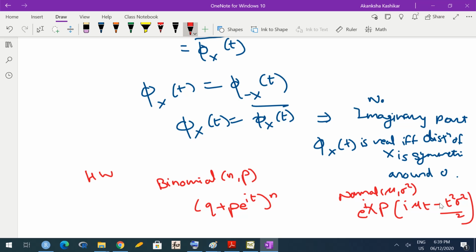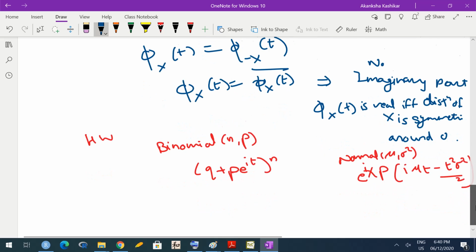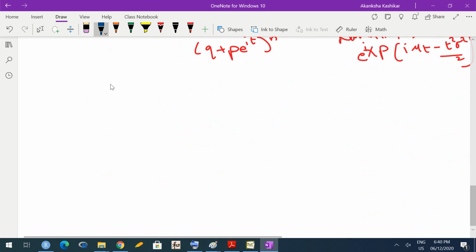Another important thing is that the characteristic function uniquely determines the distribution. So if two random variables have the same characteristic functions, then they have exactly the same distribution.